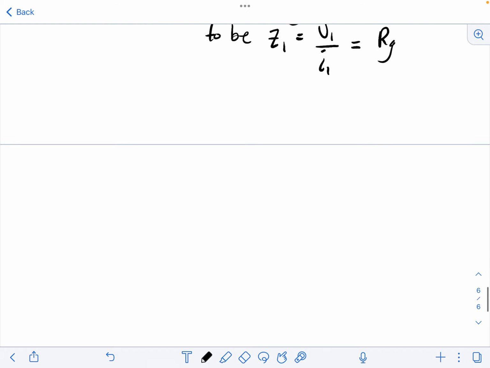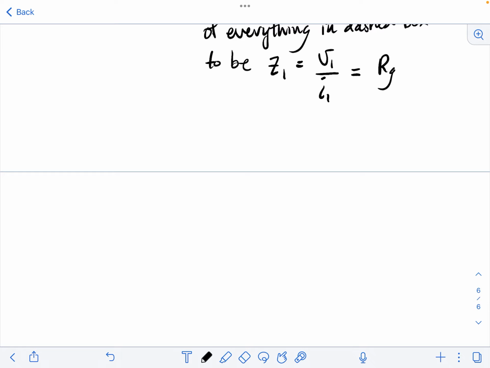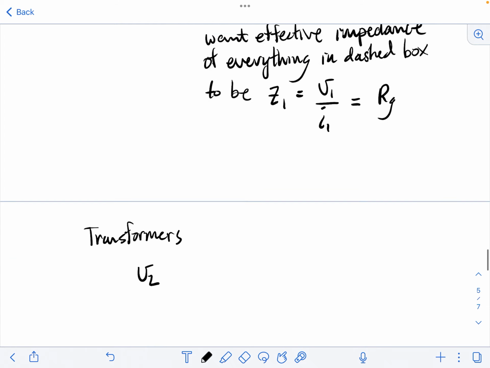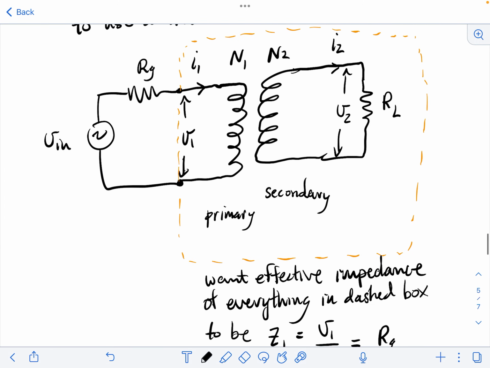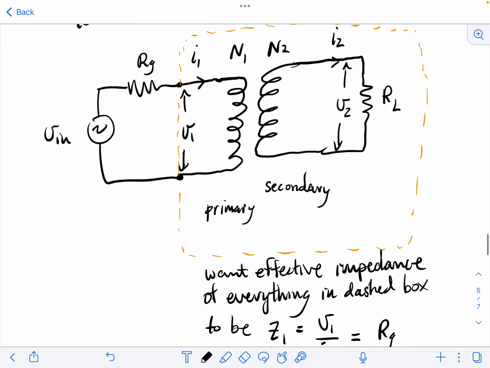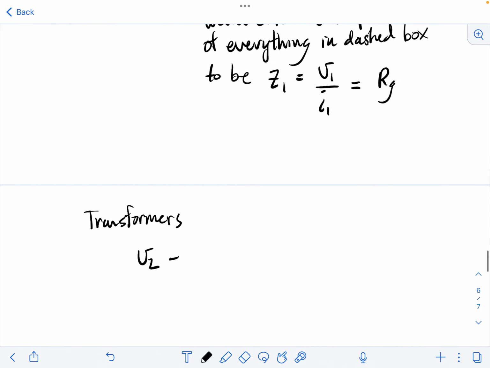I'm going to state some results which you may or may not be familiar with, depending on if you've studied transformers before. Transformers can be used to step up or step down a voltage, and so the V2 on the secondary side of the transformer is equal to V1 times the ratio of turns N2 over N1.